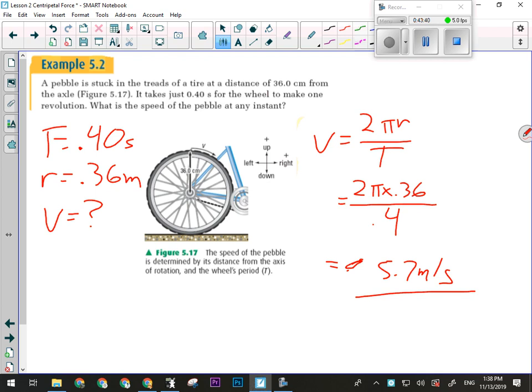So you're going to have to use all these formulas at some point: the centripetal force mv squared over r, v equals 2 pi r over t, t equals 1 over f, and a_c is v squared over r. They're all going to come up. We just have to recognize when we have to use each one.